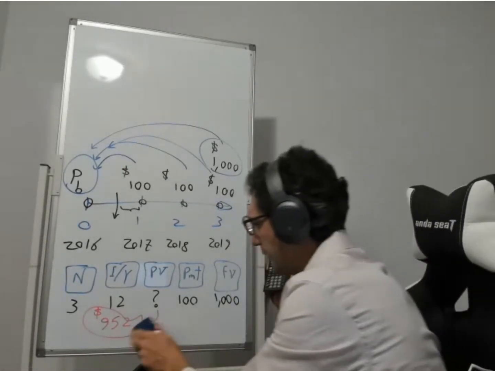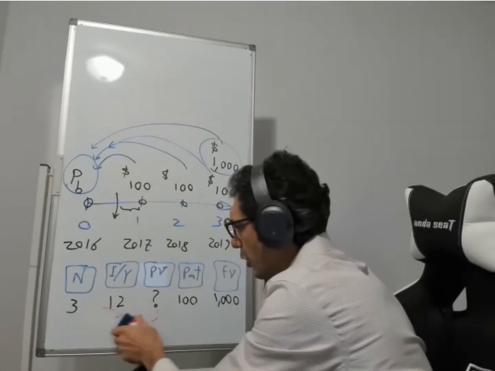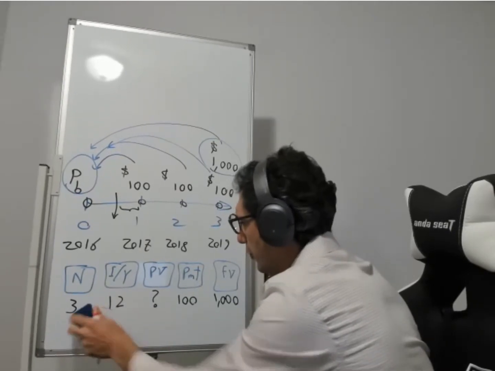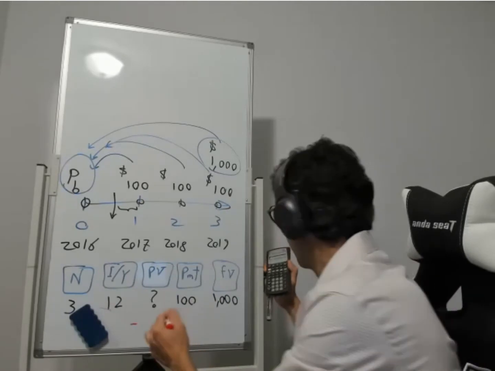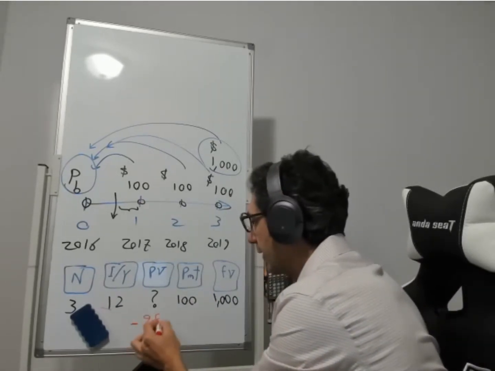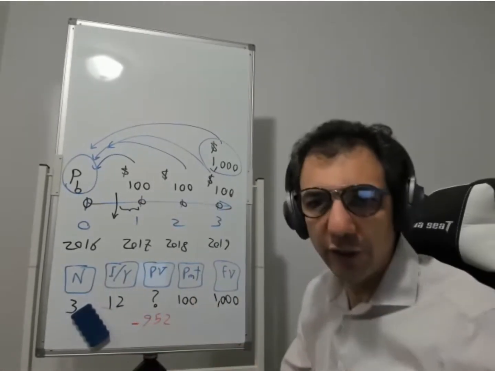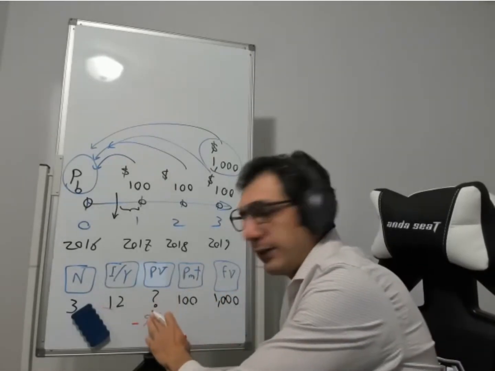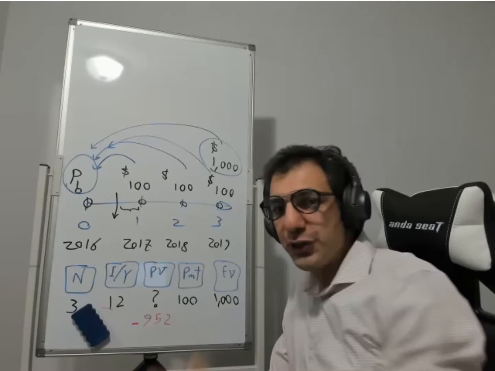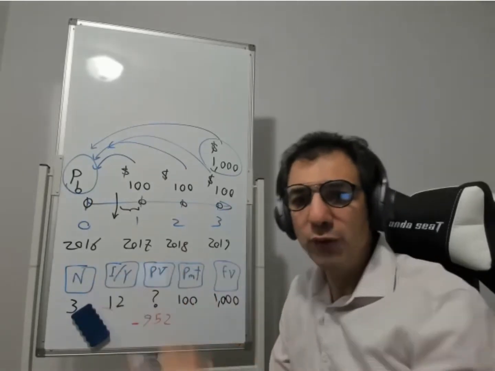So let me write it down just below the present value to avoid any confusion. I'm highlighting this negative sign here. And why is that? Because we learn in time value of money that your present value and future value most of the time move in opposite directions.